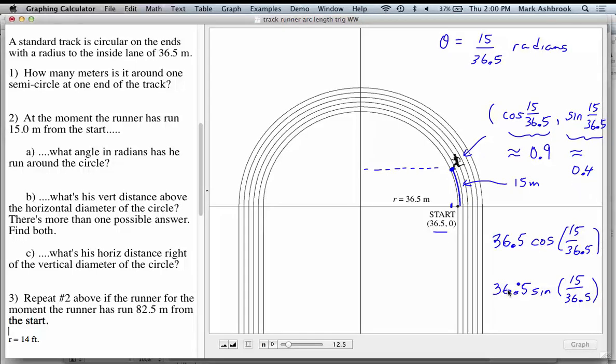And then the actual in meters, a little bit less than half of this, right? So the actual coordinates, given this 36.5, 0, are these. Had that been 1, 0, then it would be the 0.9 and the 0.4.